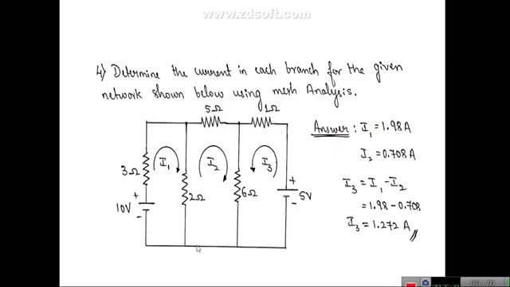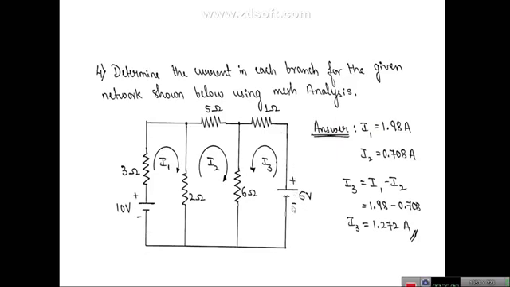So there are 3 junction points, and the number of branches are between pairs of junction points. This is one element, this is another element, and this is another, and this is another branch: 1, 2, 3, 4, 5, so there are 5 branches.